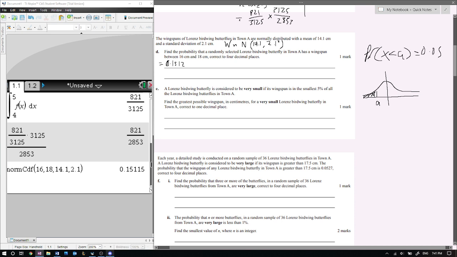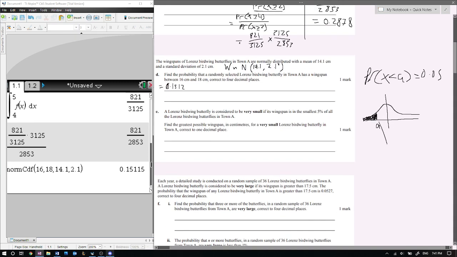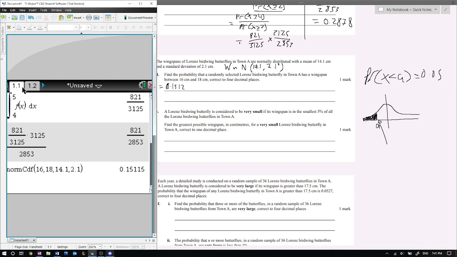From this question, it's going to be very small if its wingspan is in the smallest 5%. So the smallest 5% would be this area. And find the greatest possible wingspan. So it's basically asking you to find the point where the smallest 5% of butterflies is. So find this point here, point a. And then that's just an inverse normal question.